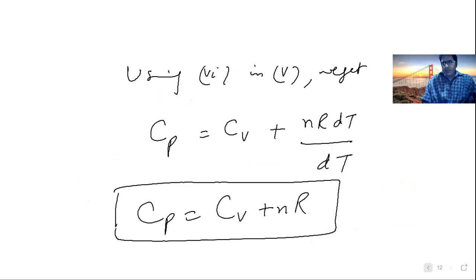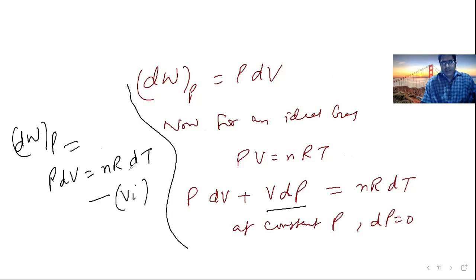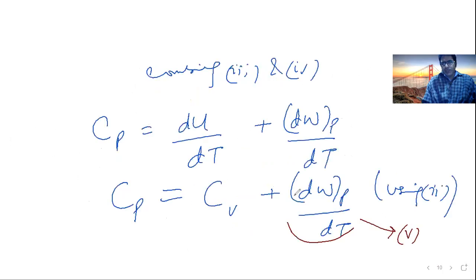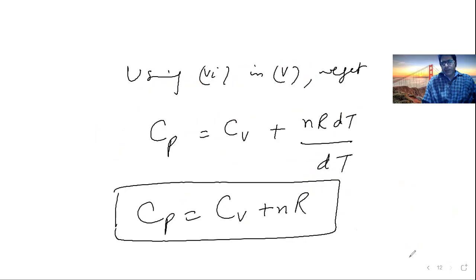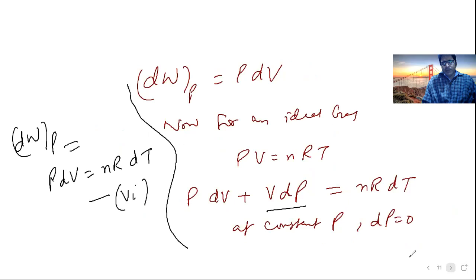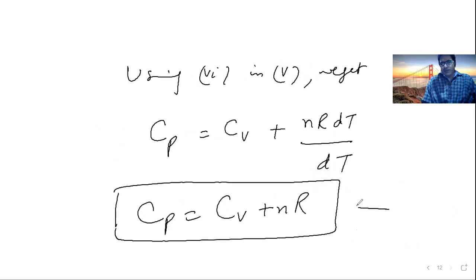More simple. This nR dT I have substituted here, so I got Cp is Cv plus nR dT by dT. That is, Cp is equal to Cv plus nR. What is the equation number? 7th. It's my equation 7.